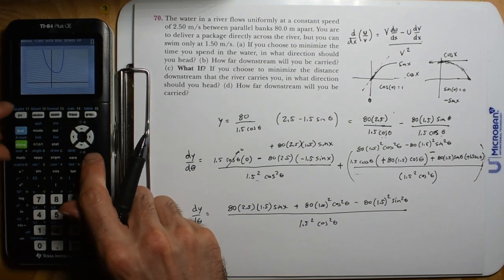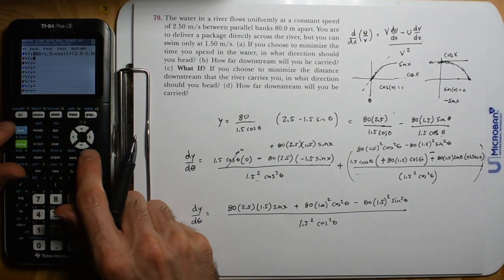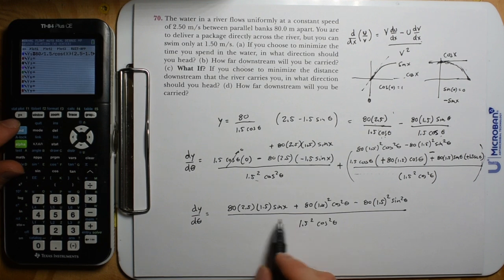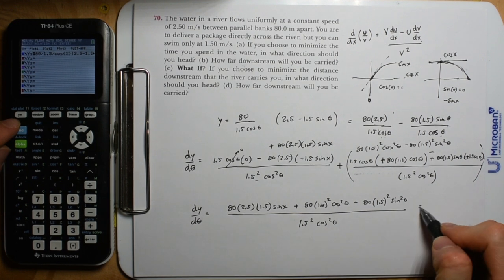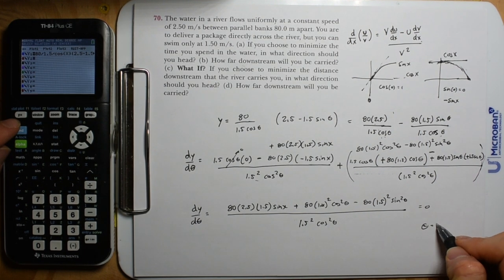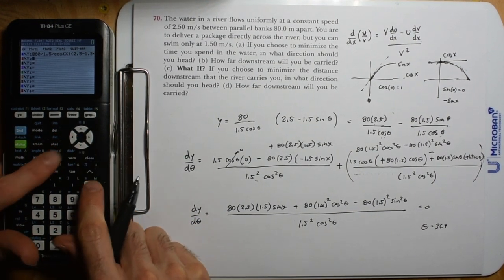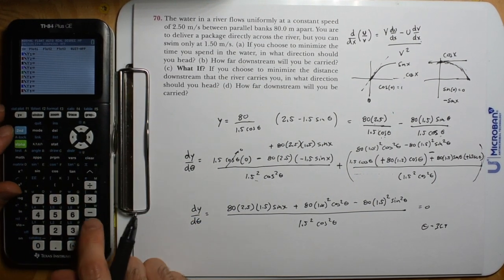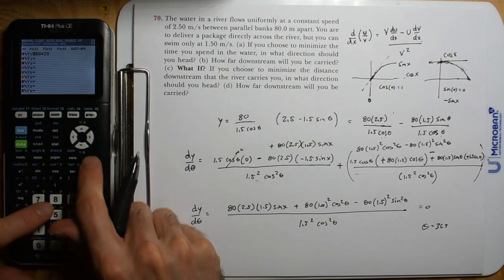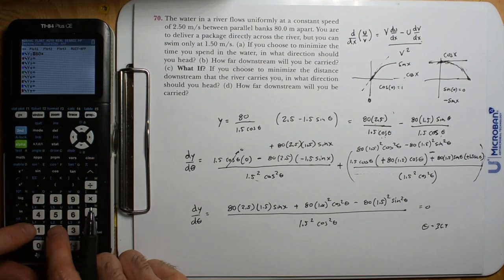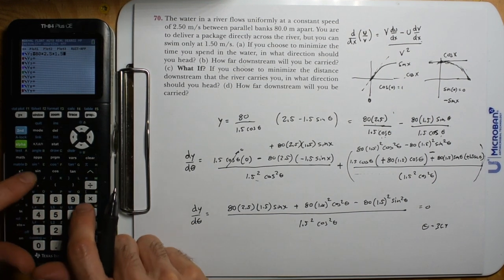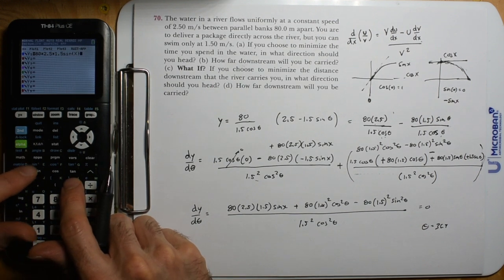Okay, so let's type this into our calculator, and what we would expect is that if we set this equal to 0, our theta would be that 36.9. So that would be a check on reality. All right, I'm going to cross out this one, so I'm going to go 80 times 2.5 times 1.5 sine x.